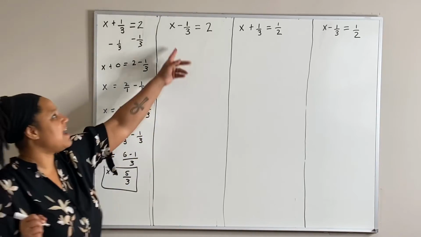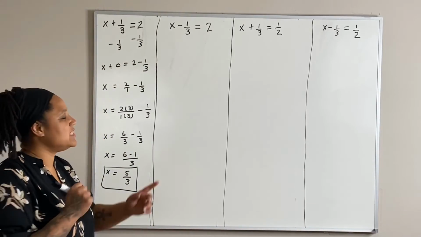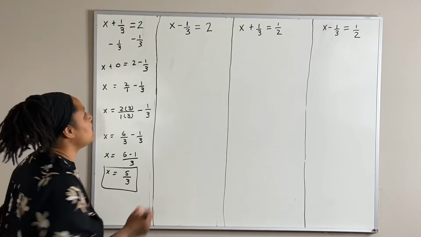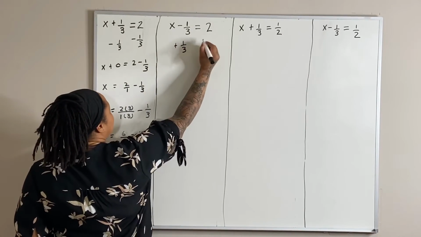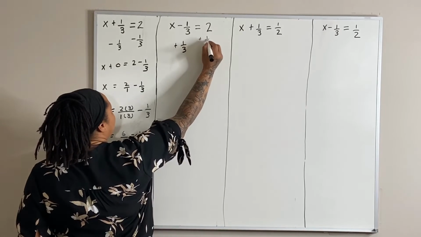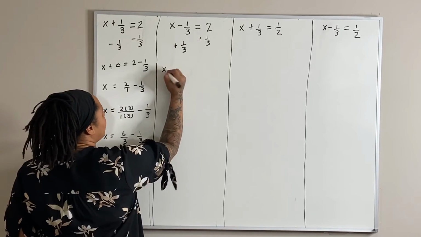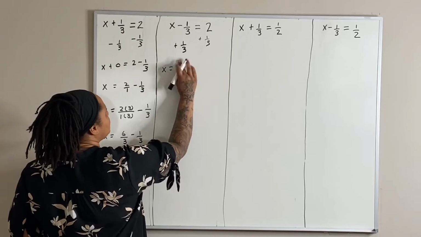Same deal, right? We have a minus sign. That means we need to add 1/3 to both sides. So I'm going to say plus 1/3 here, and we have a plus 1/3 here. But again, I want to go ahead and rewrite it out.